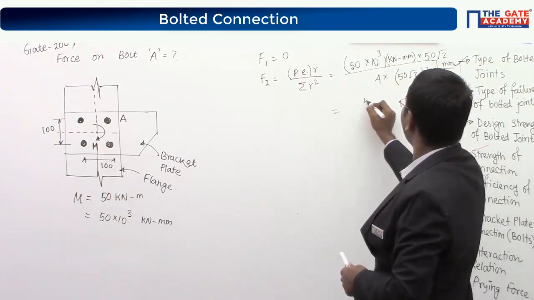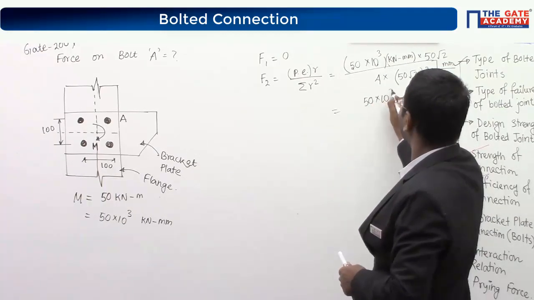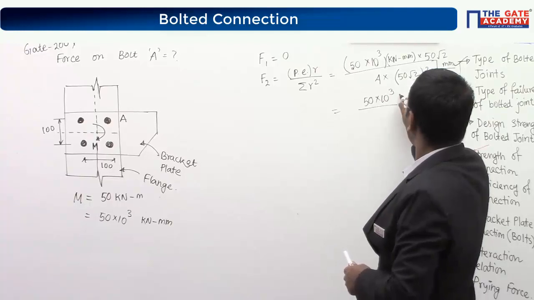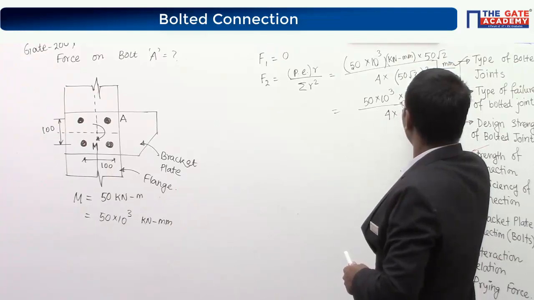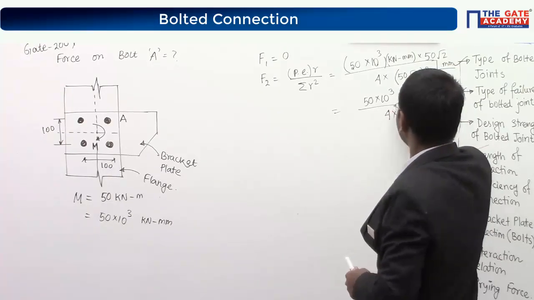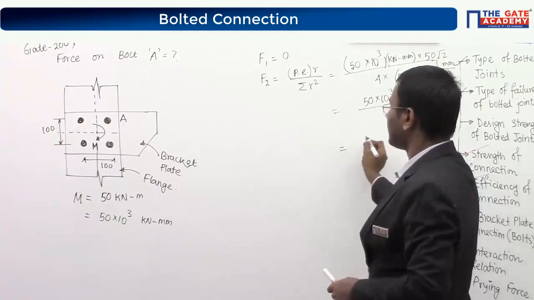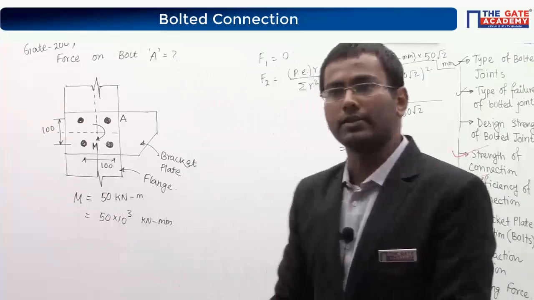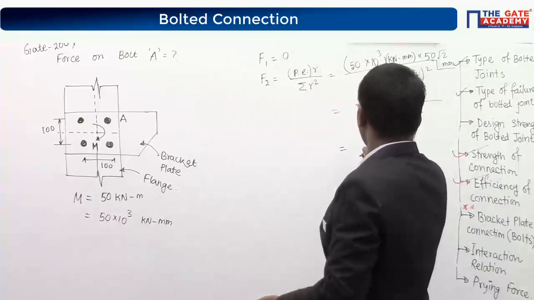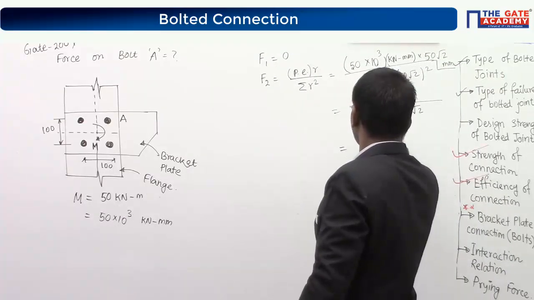So I can say 50 multiplied 10 to the power 3 multiplied 50 root 2 divided by 4 multiplied 50 root 2 whole square. So 1 will be cancelled here like this. So somebody tell me the answer. This one is coming 176.8 kilonewton.